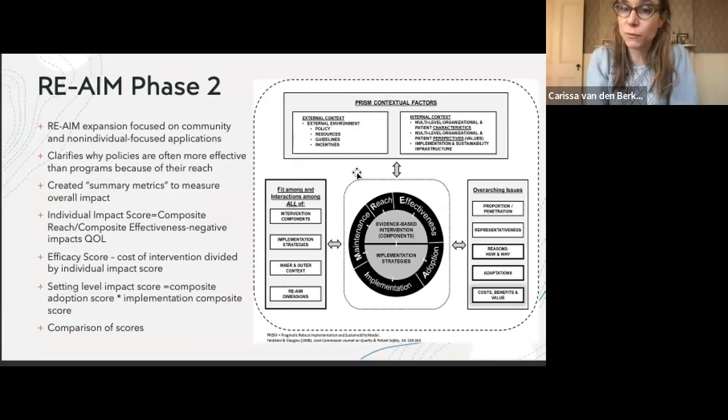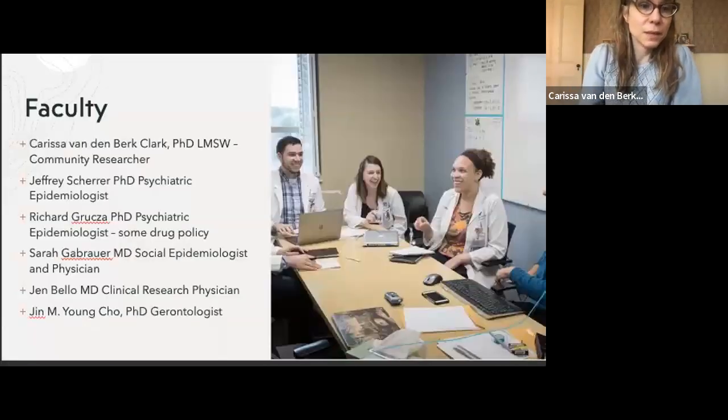Summary metrics to measure overall impact. Impact score by an individual so that you can create these kind of composite scores. But there's also an efficacy score, which is like the cost divided by the individual impact, and the setting level impact score, which is basically this composite adoption score.